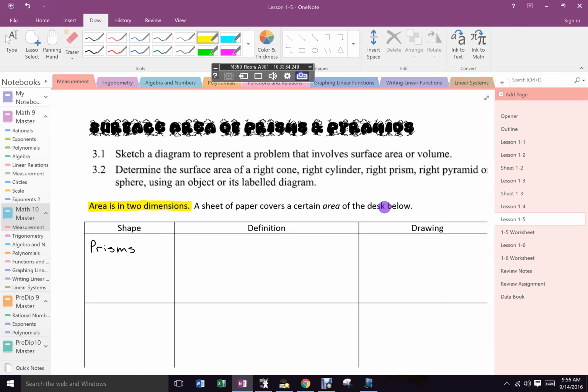The paper has 3 dimensions. Length, width, and it's a little bit thick, isn't it? But what it's covering on your desk only has 2 dimensions, a length and a width. Everybody with me? Okay. So, to slightly tweak Antonio's definition, first of all, a prism is 3-dimensional.